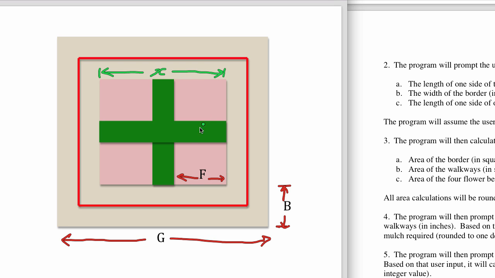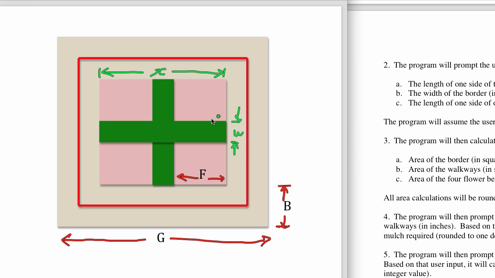So solve for x. And what do you need to solve for x? Well, G and B will give you x. So come up with an equation for x. All right, good. Another thing that you need to do is the width of these. How wide is the garden path?